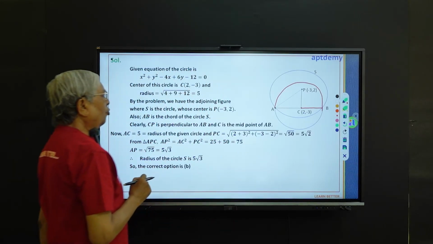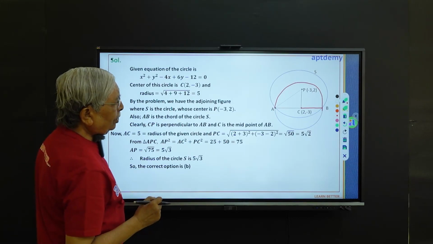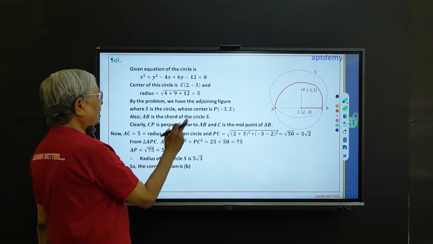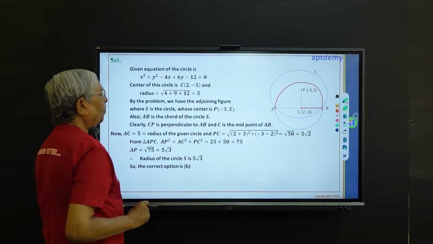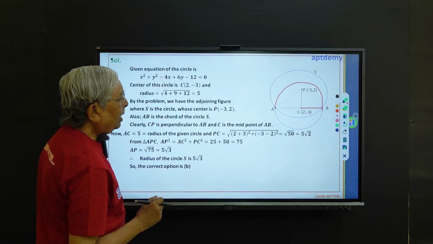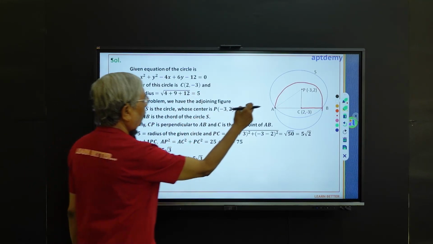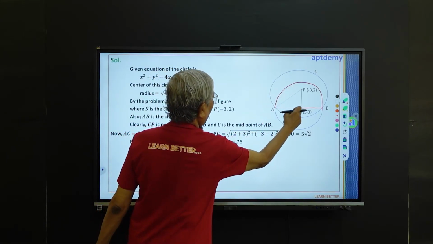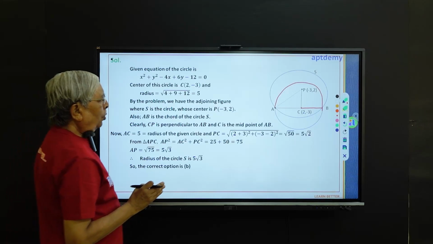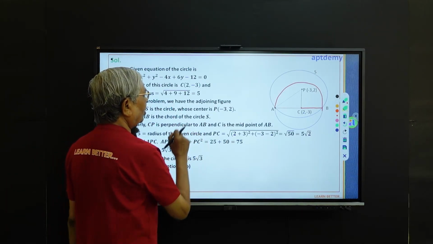How to find AP? First, we know that AC is equal to the radius of the given circle, that is equal to 5. So look at this triangle APC. We can write AP squared is equal to AC squared plus CP squared. We know that AC is equal to 5, so AC squared is 25.